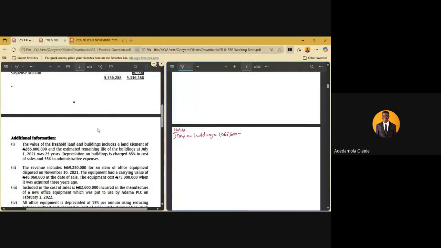So we have to take out the land element of the cost, which is 266,800. By taking this out, we get the building cost. This building cost is now what we will divide by 25 years to know the depreciation charge for this year only. And that will give us 31,952.